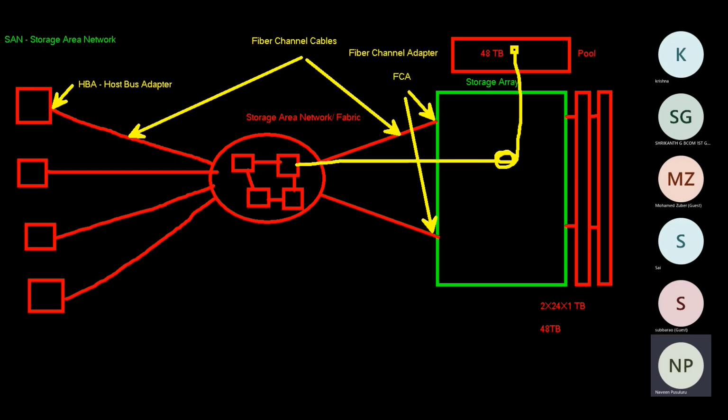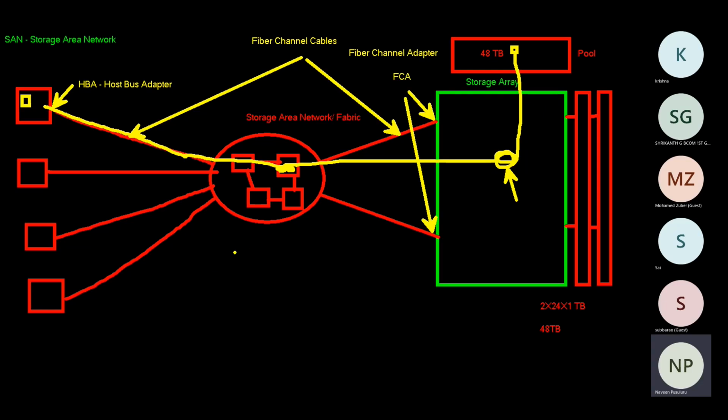It will travel through the SAN network and search for which server's HBA that unique address is assigned to. It will identify that this address belongs to this server, and assign the 50 GB logical partition. So this 50 GB will be visible only to this particular server, because we did the configuration. This is how it will work.